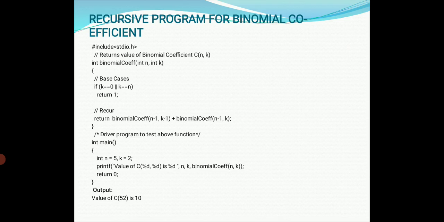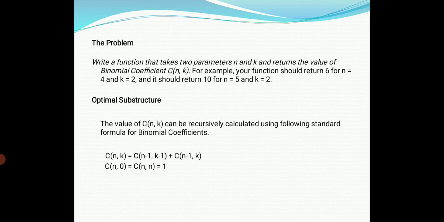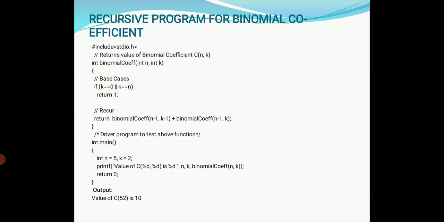In the opening braces, the base case: if the condition is k double equal to 0 or k double equal to n. So in the previous function, C(n, 0) is equal to C(n, n), that is equal to 1. So that is here: k double equal to 0 or k double equal to n returns the value 1.